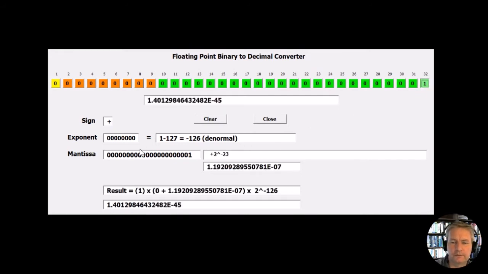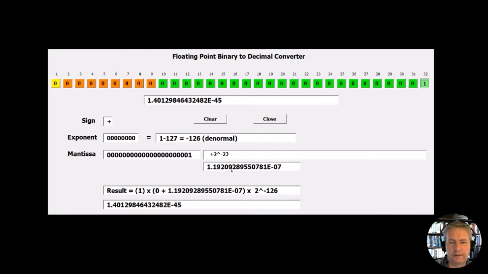So you can see here that we're going to have our minus 126, which is our subnormal or denormal number. So we've got 2 to the minus 126, and you can see here that the mantissa has only got a value of 1. So this is the value of 2 to the minus 23, and you can see it's e to the minus 7.